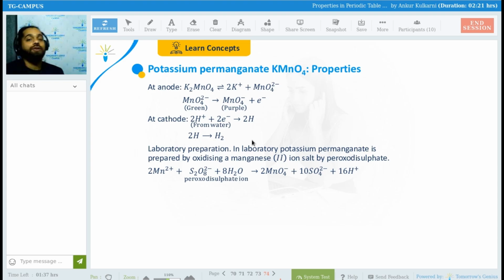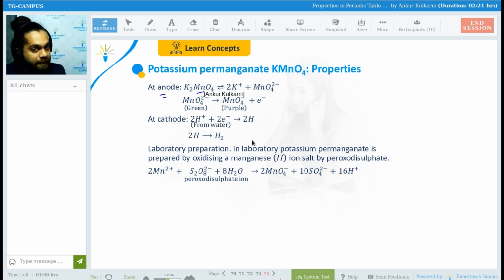Now another method is your electrolytic method. Now at the anode, does it undergo oxidation or reduction? At anode what happens? Oxidation or reduction? Yes, at anode, oxidation happens.